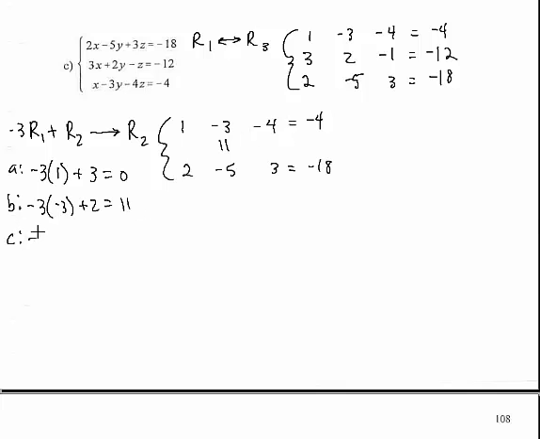For C, I have negative 3 times negative 4 plus negative 1, and that gives me 11 again: positive 12 minus 1. And for D, I have negative 3 times negative 4, and then minus 12. So this is positive 12 minus 12, 0.